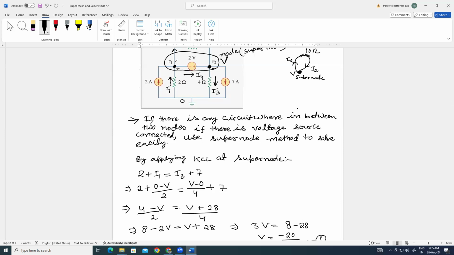V1 minus V2 together with this 2 volt will be the value of V. So the value of V will be equal to V1 plus 2 minus V2. Is it clear to all of you?